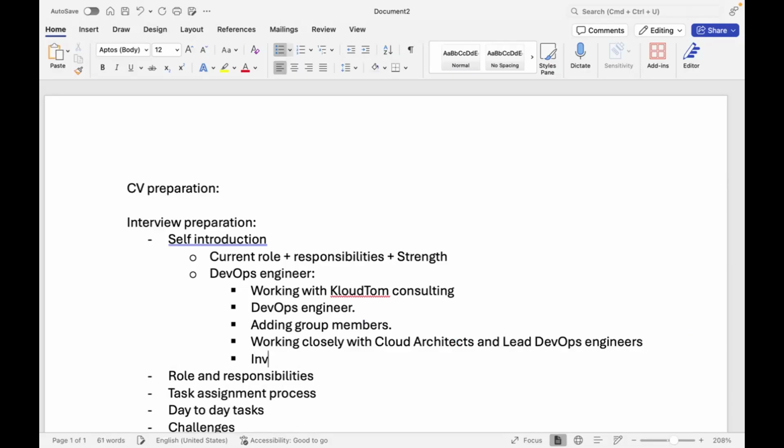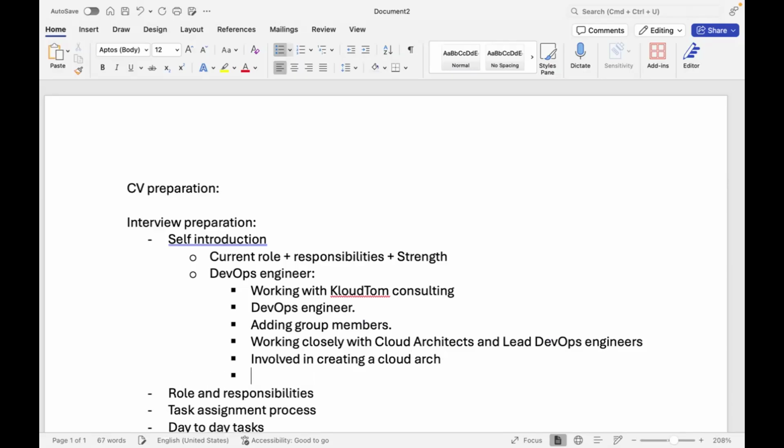You are involved in creating a cloud architecture, which is highly available, highly scalable, and fault tolerant, to have a better reliable application.